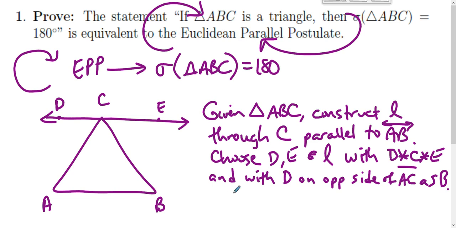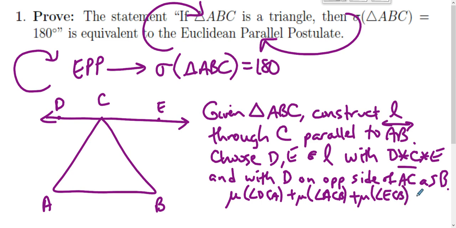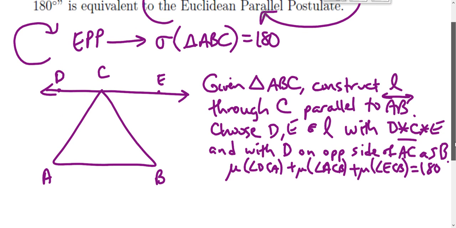So here's what we know. We know that the measure of angle DCA plus the measure of angle ACB plus the measure of angle ECB is 180, basically by the linear pair theorem.